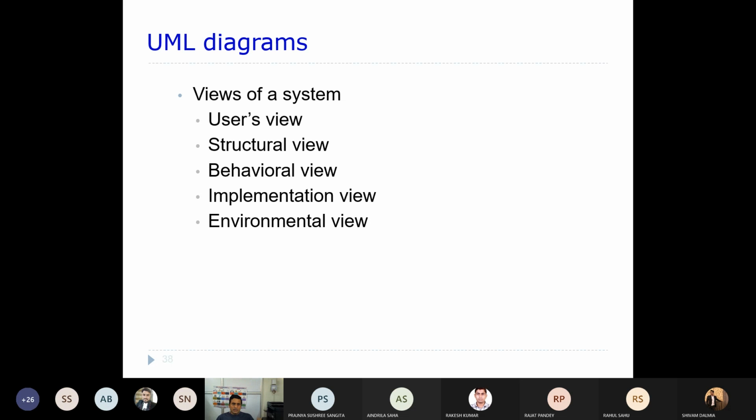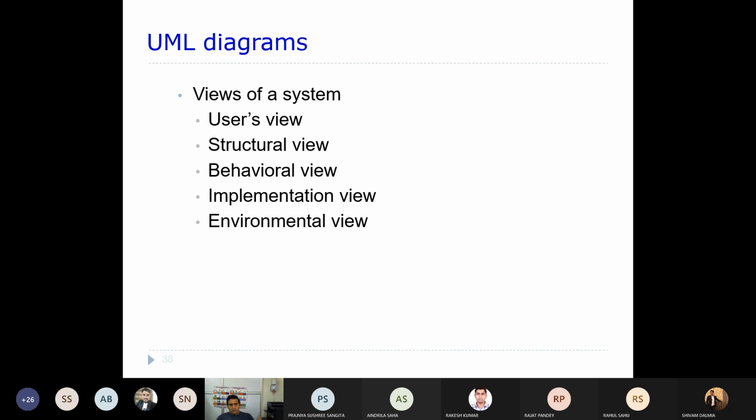There are basically 5 important views of a system. One view is the user's view, the other is structural, then behavioral, implementation, and environmental view, right? We'll talk about each of the views.